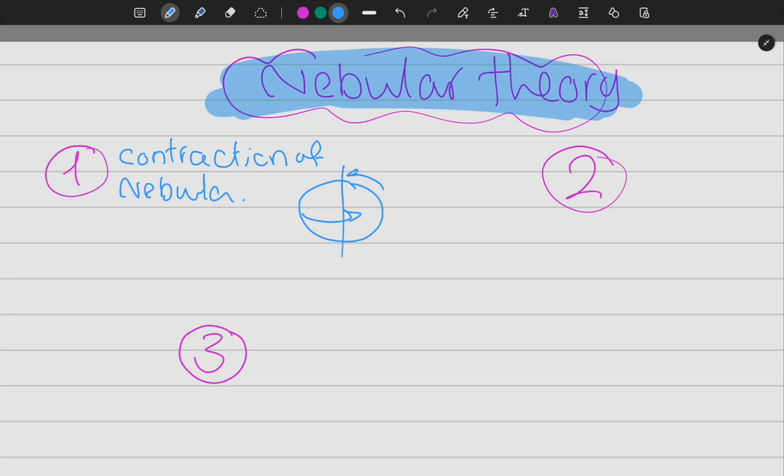Number two, we have the formation of gaseous rings.